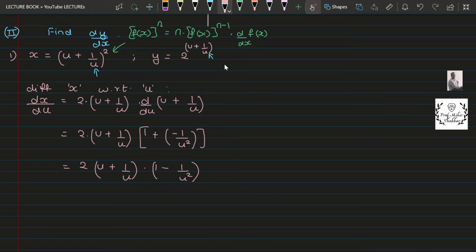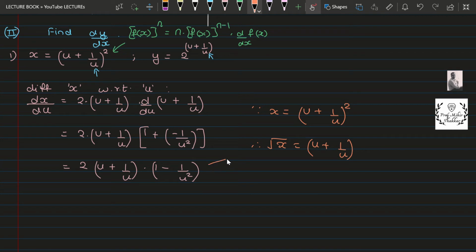Now students, there is a small catch, some small simplification required in this particular sum. So please understand, you are given over here that x is equal to u plus 1 by u the whole square. So I can say that root of x is equal to u plus 1 by u.